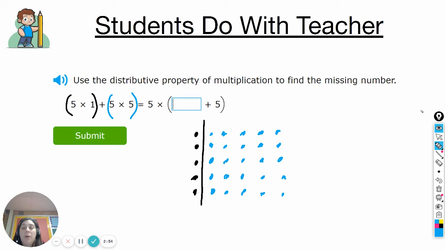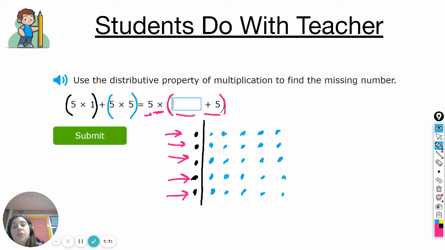So now what I want to do is add the black array that I made to the blue array that I made. Over here on the other side of the equal sign, you see it says 5 groups of, or 5 times. Well, that's because I know I have 5 rows. So the part I need to figure out is here in the parentheses. What plus 5 tells me how many are in each row?